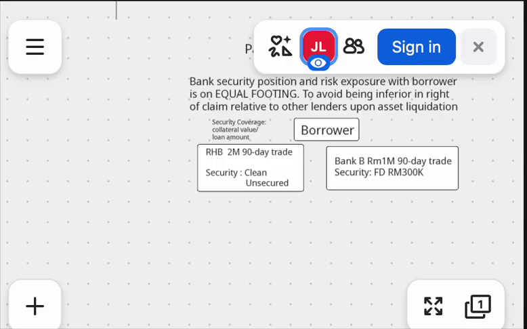So Bank B's security coverage is how much? 30%, correct. And RHB is 0.